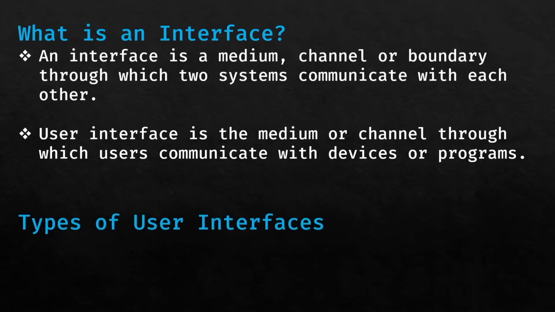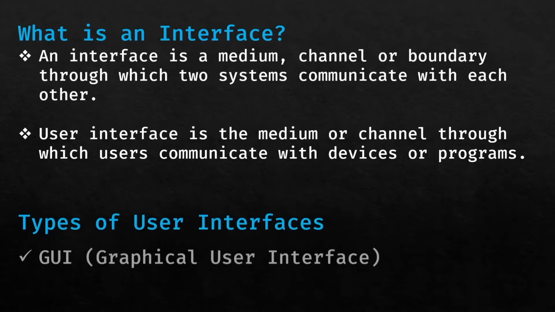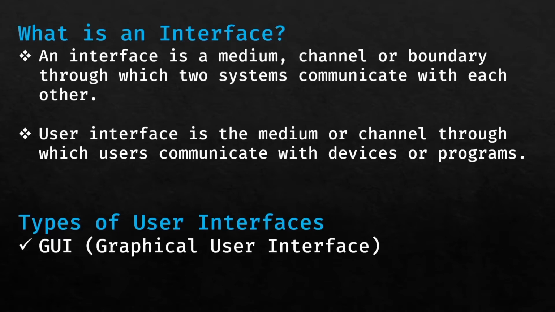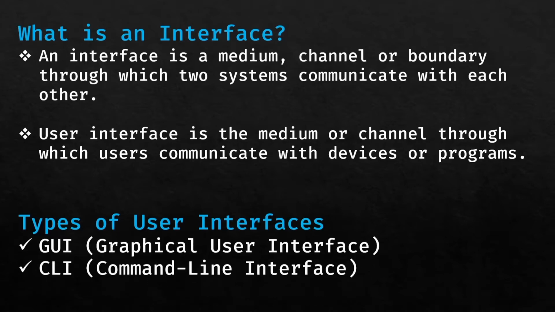We have many types of user interfaces, but the ones that we are going to have a look at in this video are the GUI and the CLI. The GUI stands for Graphical User Interface, and the CLI stands for Command Line Interface. What is GUI then?